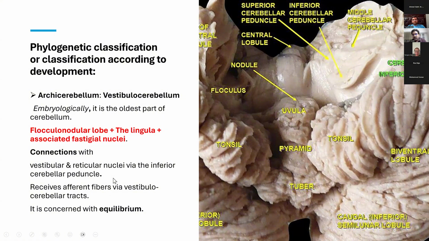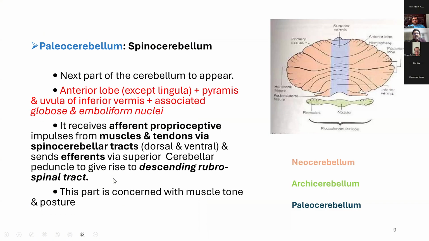So main function of the archicerebellum, the oldest portion of the cerebellum, is to maintain the equilibrium. And equilibrium is the most important function which this little brain, we also call it cerebellum, has to perform. As we move further in the phylogenetic classification, we have paleocerebellum.